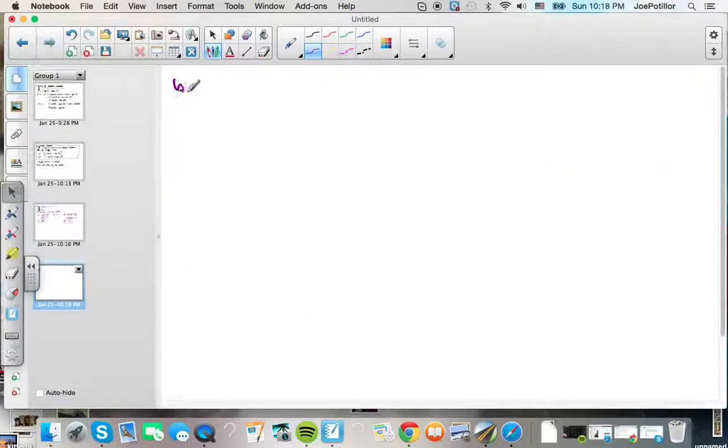So then from here, we know that r is square root of 2, so it becomes r cosine theta plus i sine of theta.